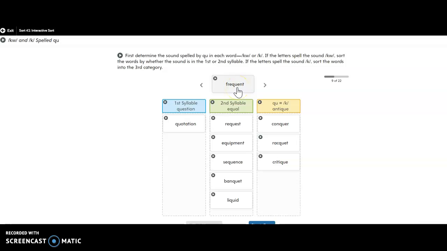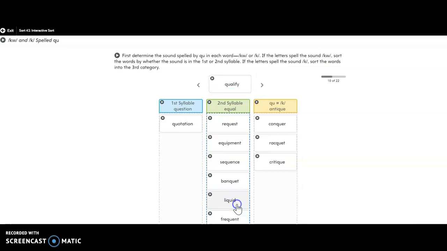Frequent. This means that it's happening often. It's in the second syllable, and I believe we're not just hearing frekent, it's frequent. We're really leaning into that U sound. Qualify. There it is in the first syllable.